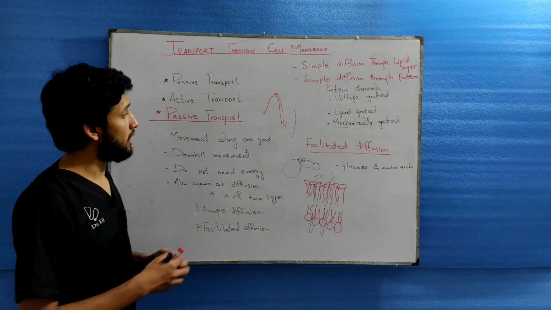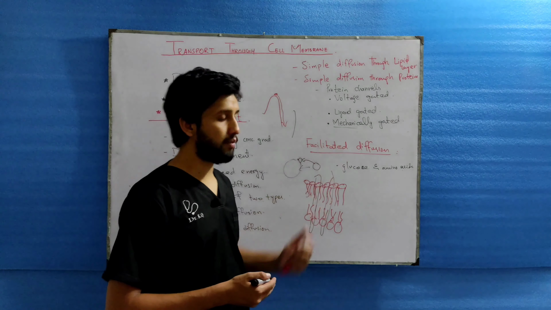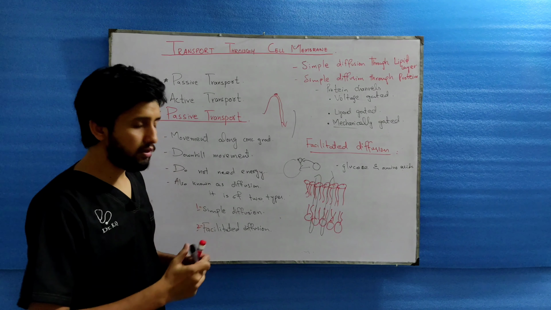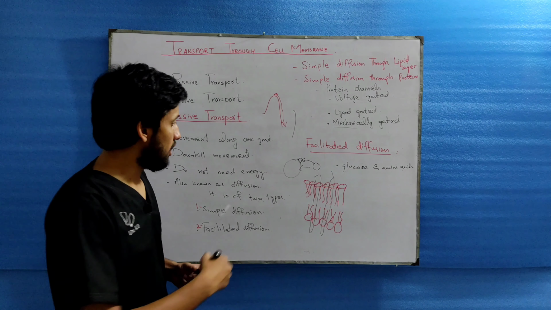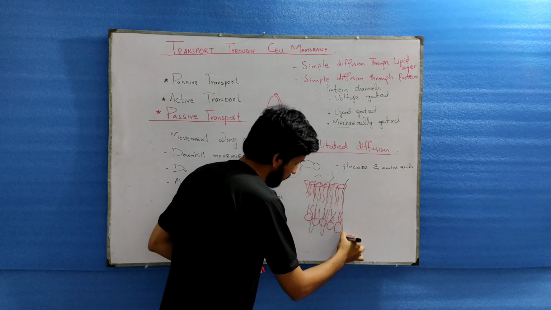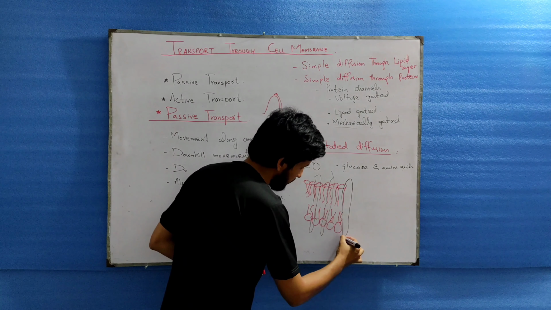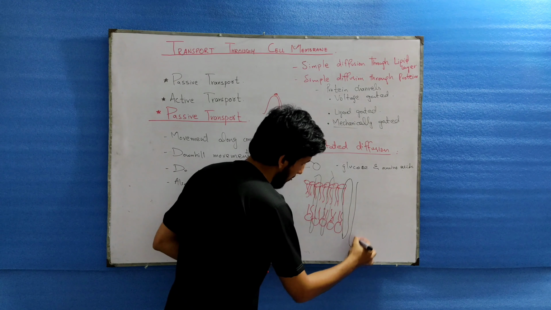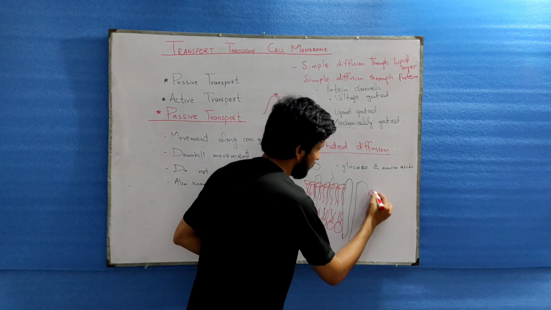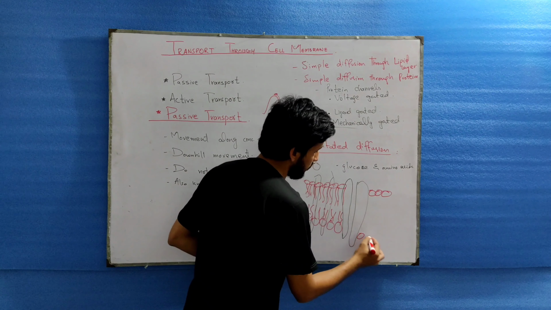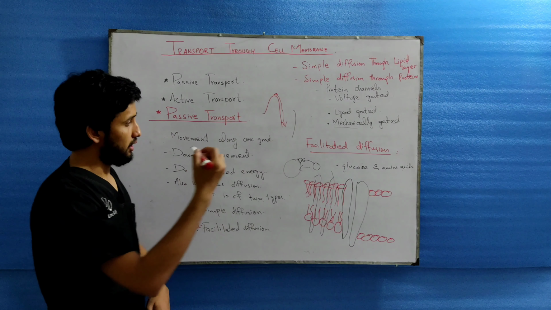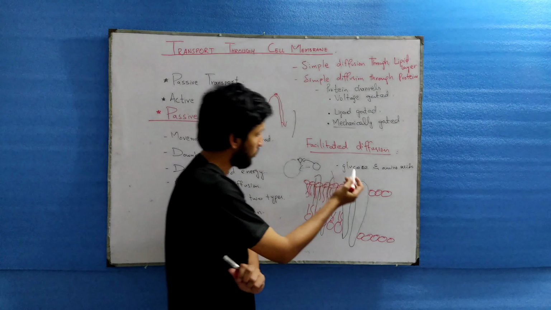The next one is the facilitated diffusion or carrier diffusion. It occurs through some carrier proteins. Like this one is the protein channel in the cell membrane. This protein channel will change when, like we'll take here the example of glucose.